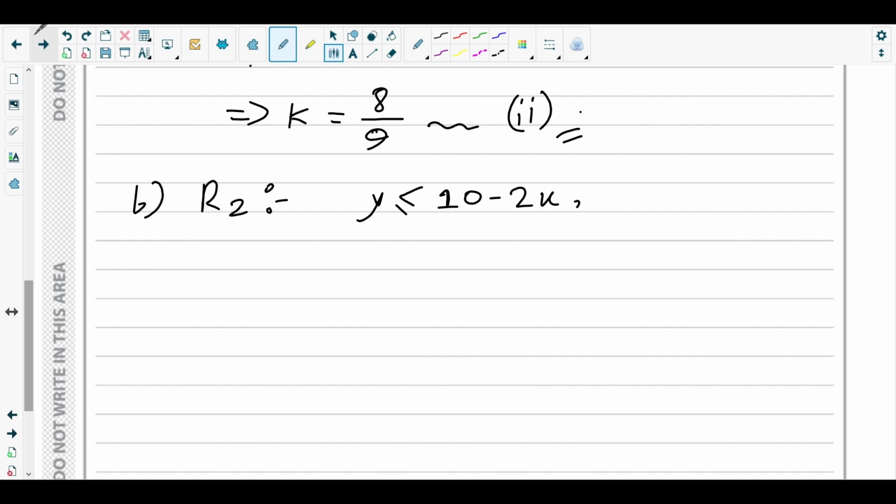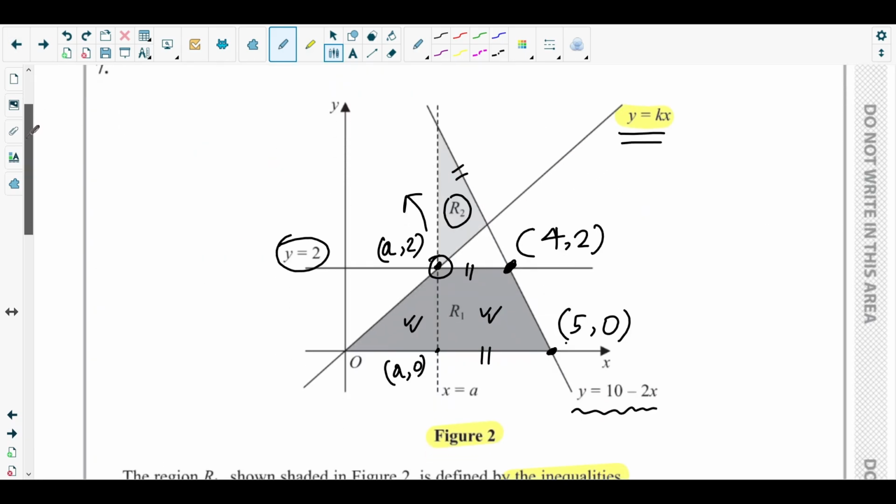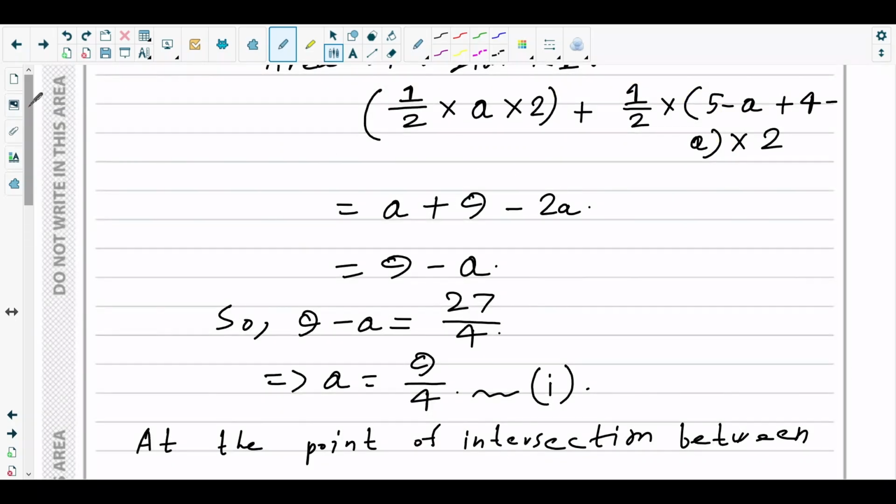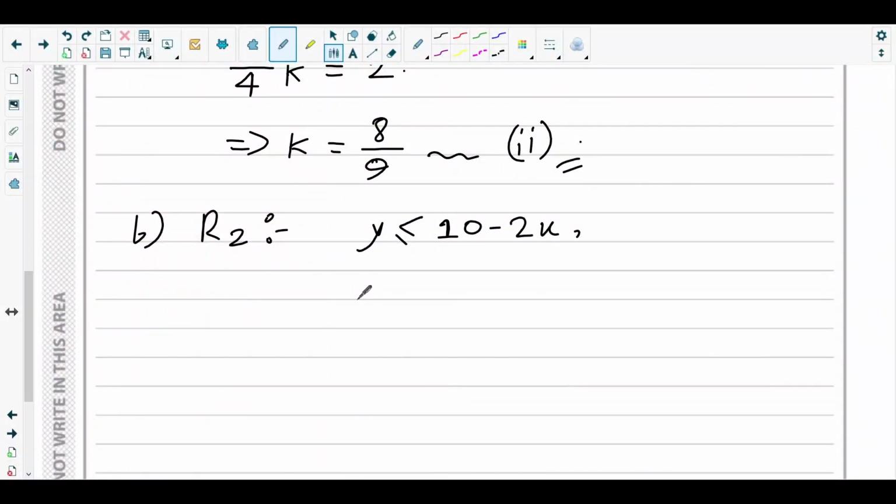Fine. Second one, which line? y equals kx. The region R2, it's above the line y equals kx, and this line is solid in the region R2. So we can say y is greater than or equal to, the value for k is 8 over 9, so 8 over 9 x.